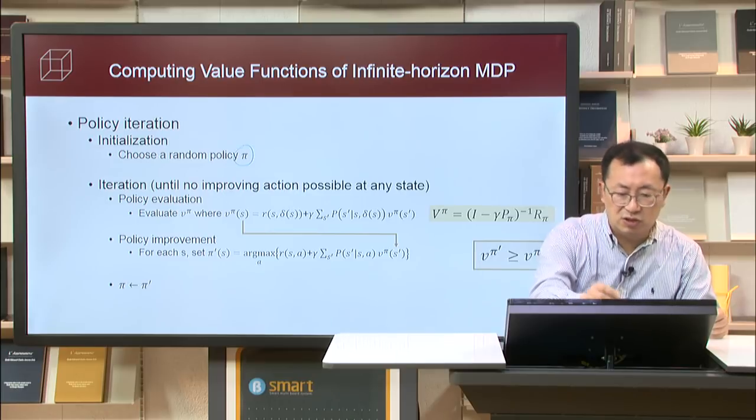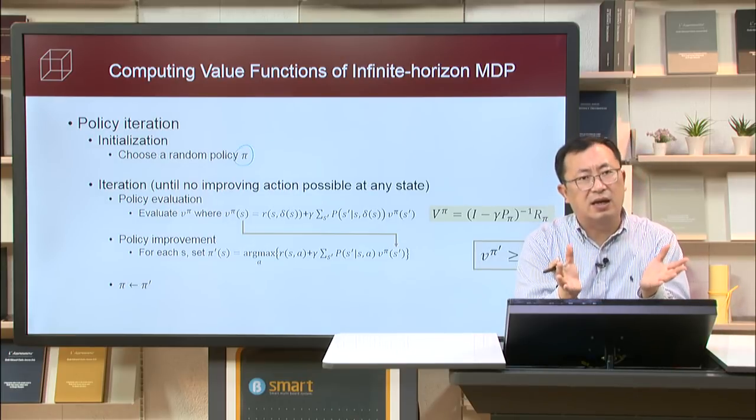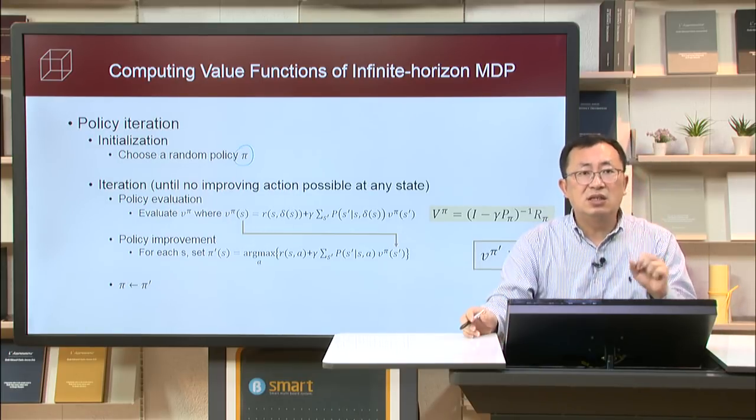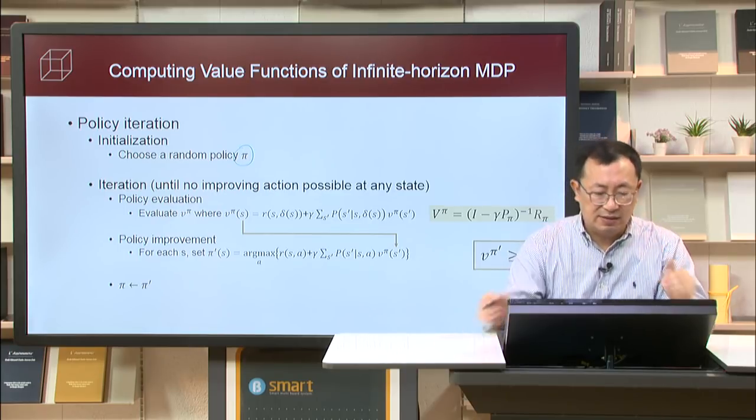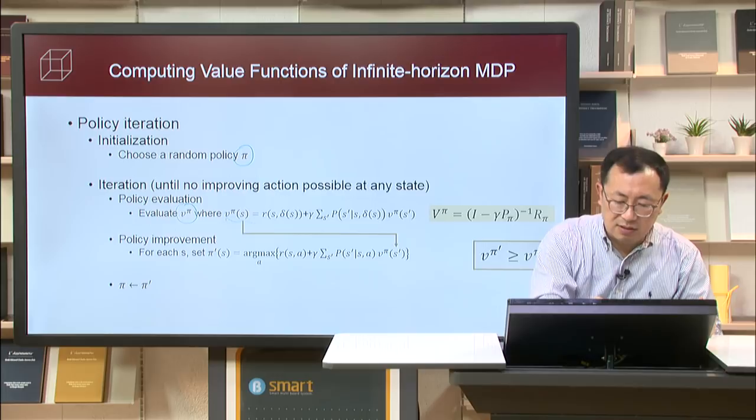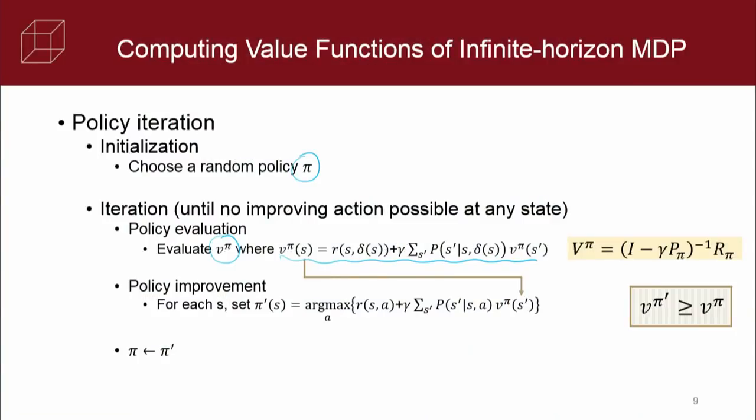You just choose any policy pi. In each iteration, we first evaluate the current policy pi through the policy evaluation equations, and you can simply obtain the value of the policy pi by using these equations.